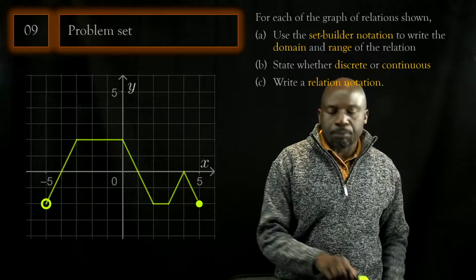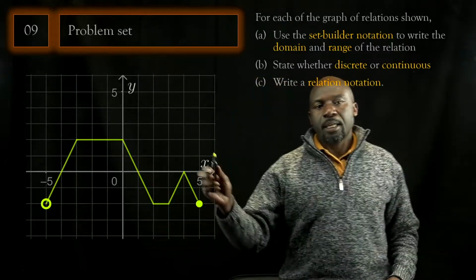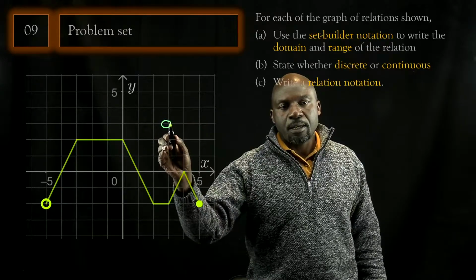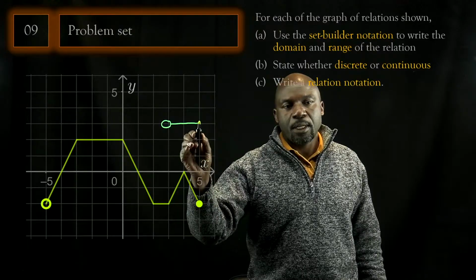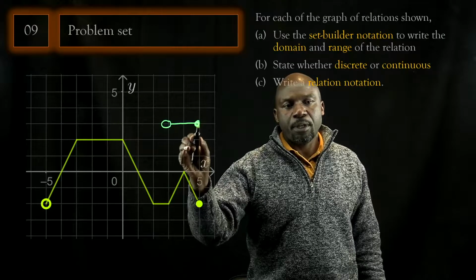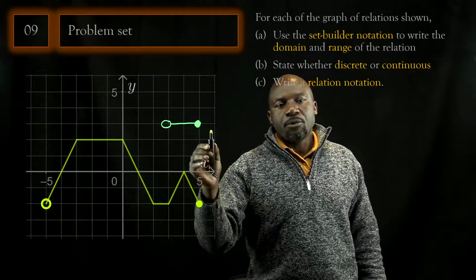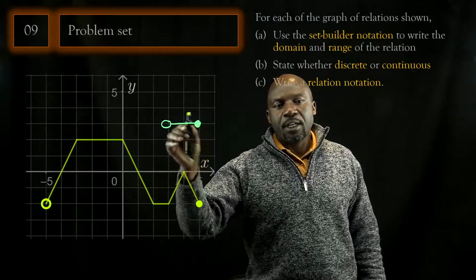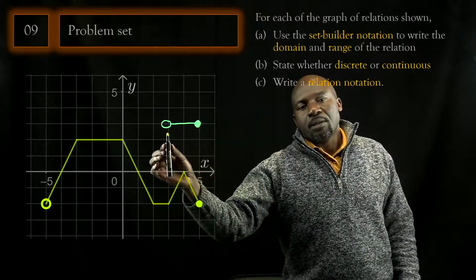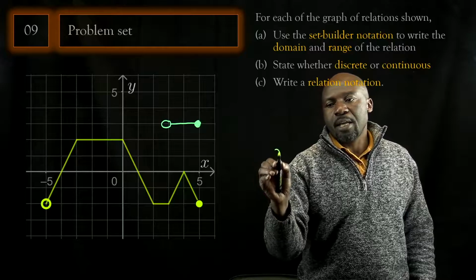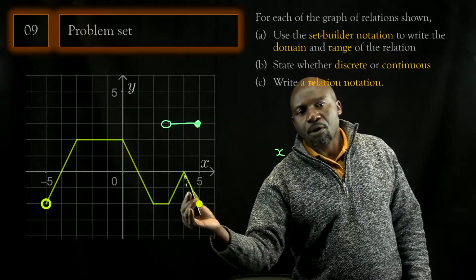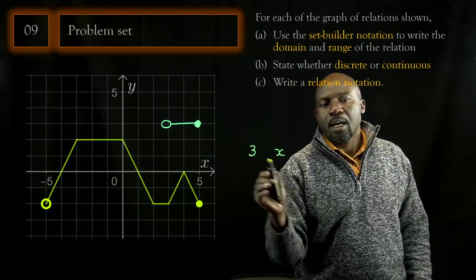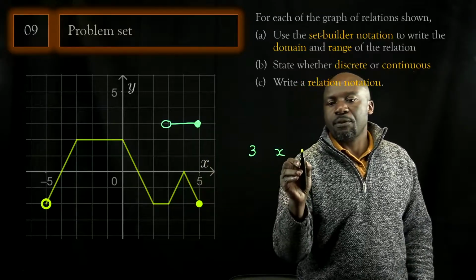If I drew on a number line like this, an incomplete circle here and one here that is completely filled up, and I'm told that this is a relation and to write down the domain, we will say the domain contains all x values starting from 3 and ending at 5 on this side.